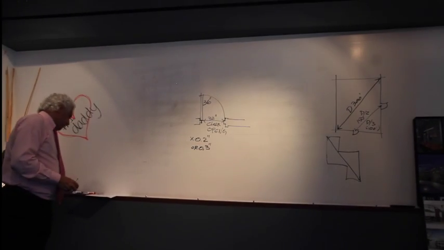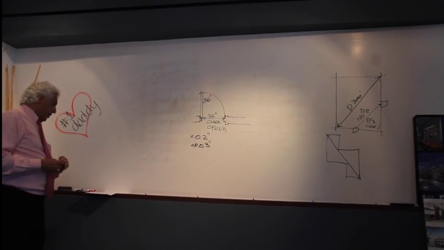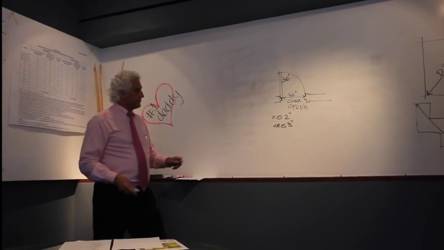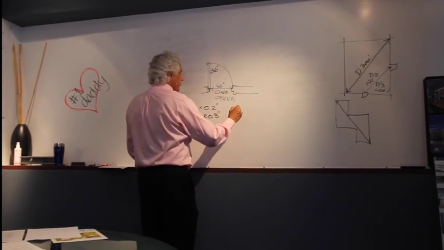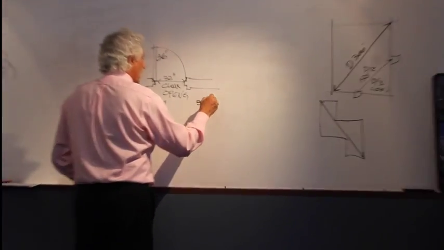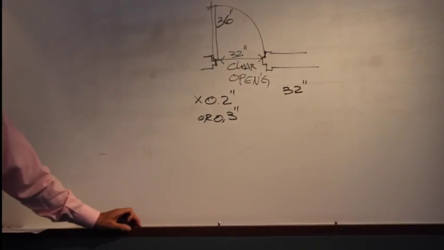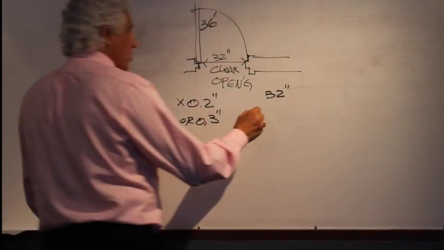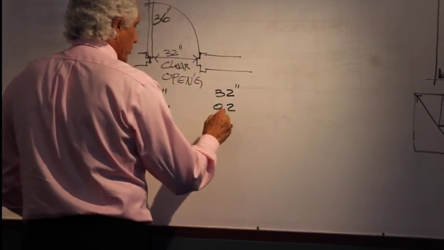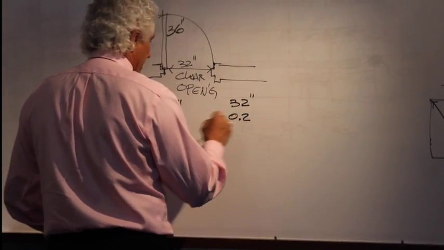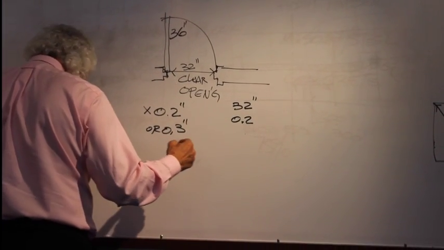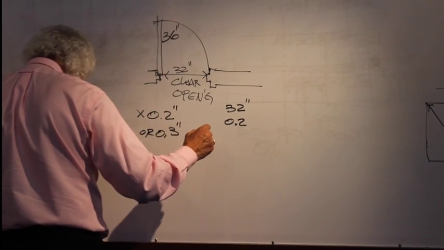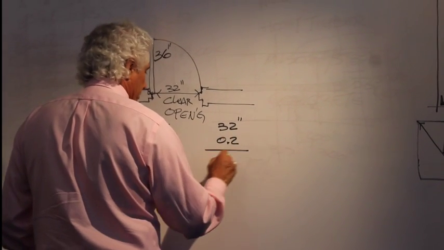The 0.2 is the typical requirement for exiting. So if I have a 32-inch door, how many people can I get through that door? Well, it is a multiplier of 0.2. Simply divide that into that and you will get 180 people.